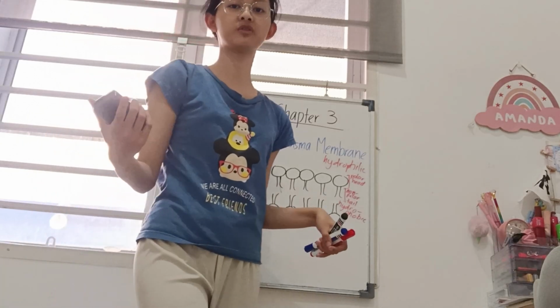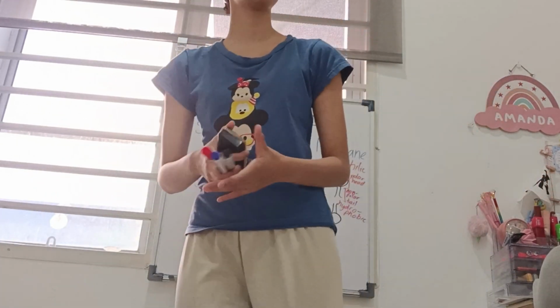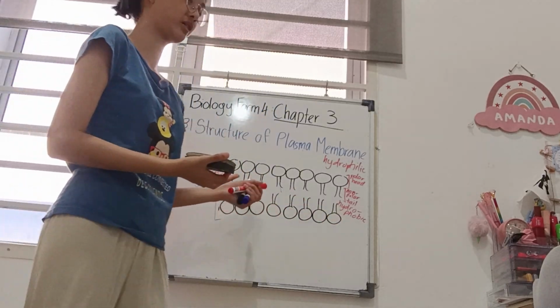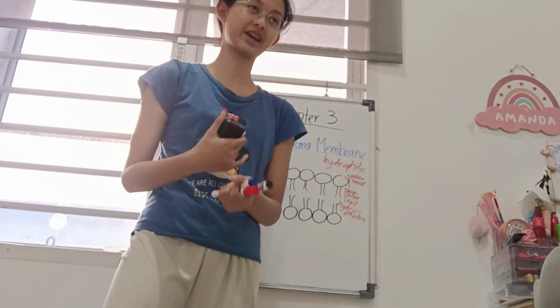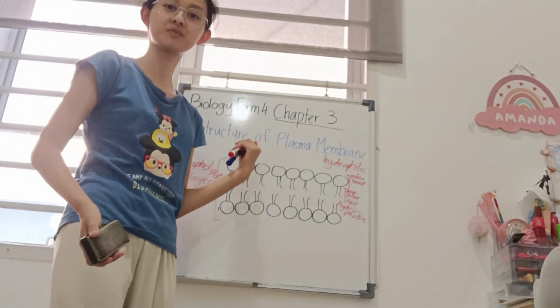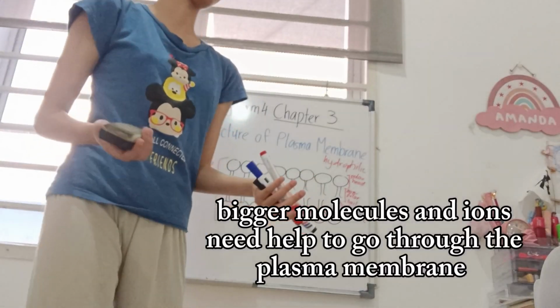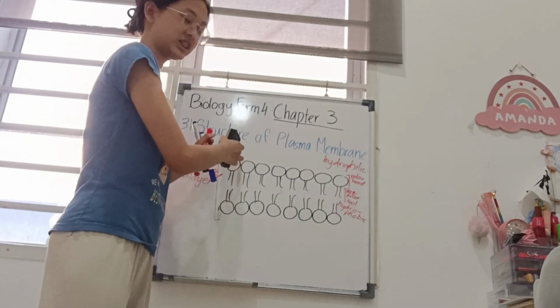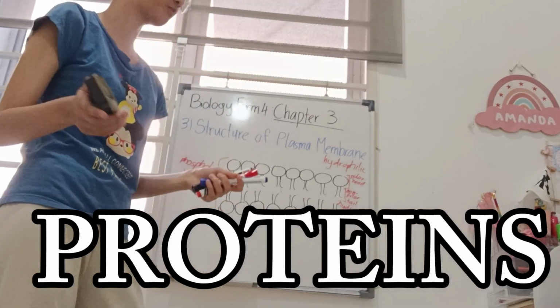But molecules that are bigger than those examples, or ions like sodium and potassium, can't just go through the phospholipid bilayer. They need something to help them through because they can't fit. They're called proteins.